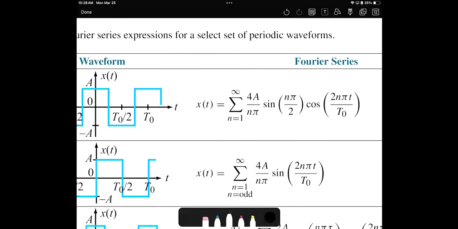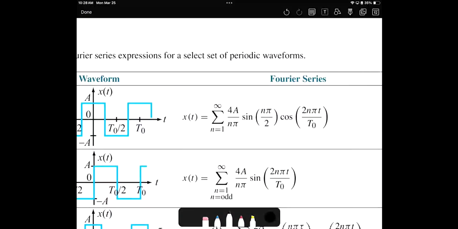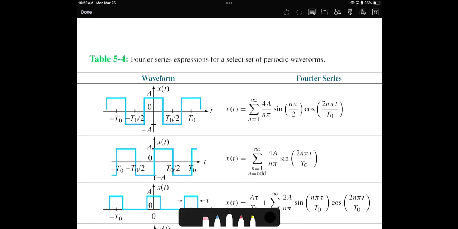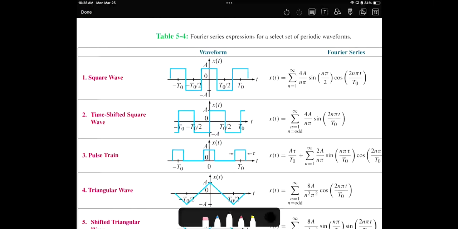The square wave is 4 times A over n pi, here we use n instead of k, sine n pi over 2, cosine n pi over 2. So you can see the square wave can be presented as an infinite number of products of sine and cosine. Then there's the time-shifted square wave, and this is how we can present it.